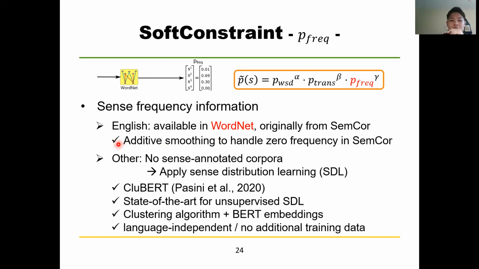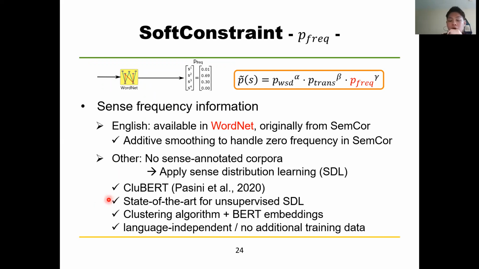For the languages other than English, since we don't have any high quality sense-annotated corpora to induce sense frequency, we instead apply the sense distribution learning, SDL, method, which is a method to automatically estimate the sense frequency distribution from raw text corpora.